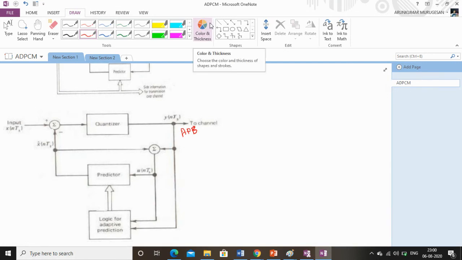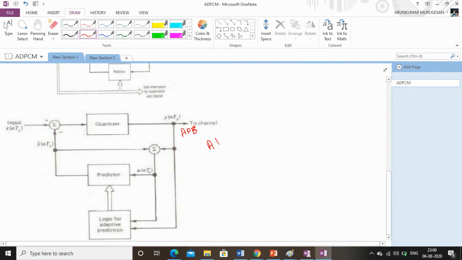This box is the logic for adaptive prediction. By using the prediction error and the samples of the quantized output, it will update the prediction coefficient. The prediction coefficients are updated by using the prediction error and also the samples of the quantized output. By using the updated prediction coefficient, it will predict the value. So this is adaptive prediction with backward estimation.